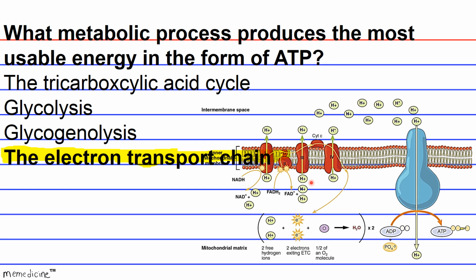Okay, so we have ADP being phosphorylated to generate ATP, and we have some oxidation occurring as well. Here, the oxidation of NADH as well as FADH2, okay? All right.